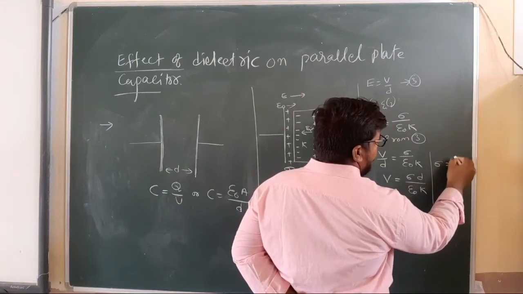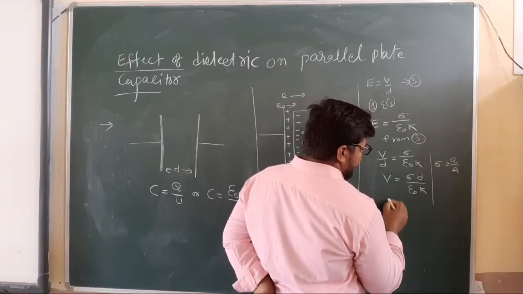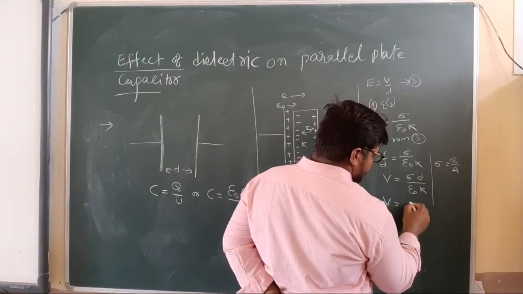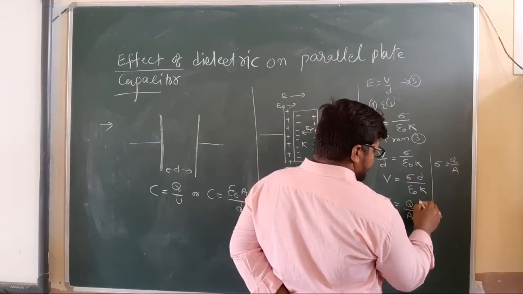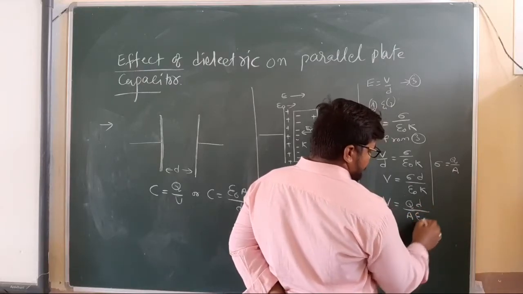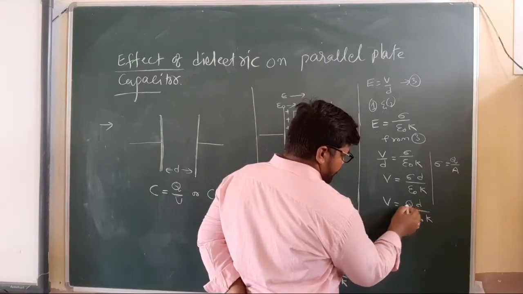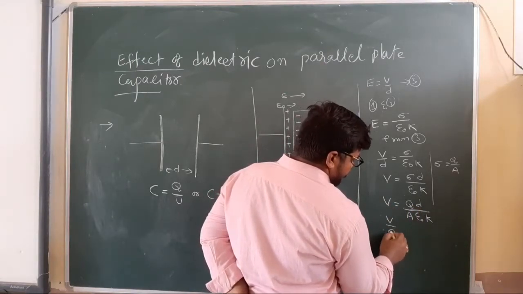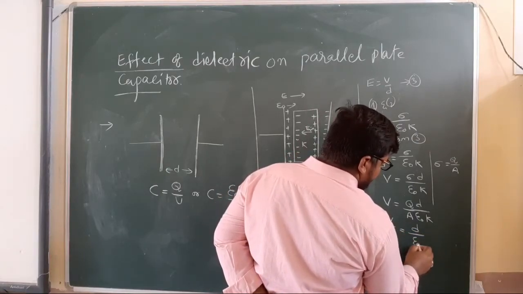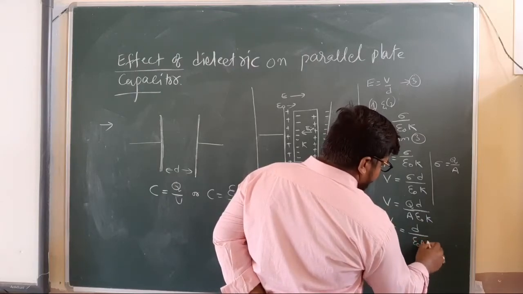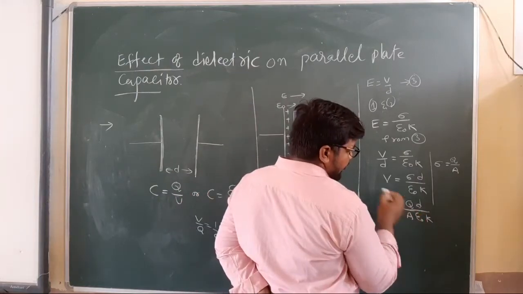What is sigma? Charge per unit area. So V is equal to charge per unit area times D by epsilon naught K. Then V by Q is equal to D by epsilon naught A into K. Clear, my children?